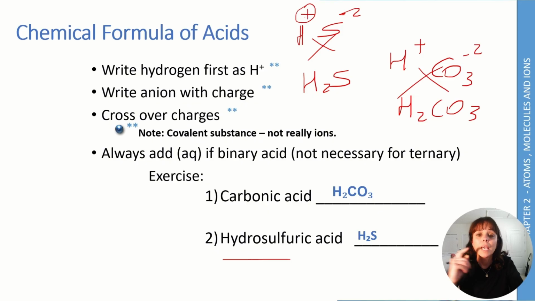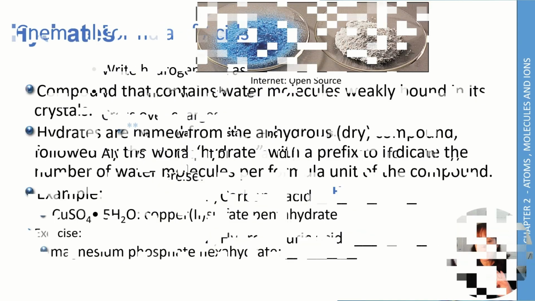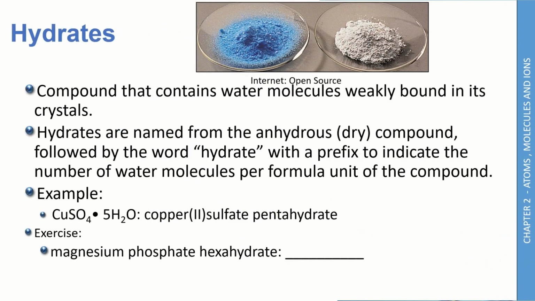Good? And one of the important things in chemistry is the hydrates. Hydrates are compounds that contain water molecules weakly bound in the crystals. So hydrates are named from the anhydrous or dry compound followed by the word hydrate, with a prefix to indicate the number of water molecules per formula unit of the compound. So here you can see a compound with the water and the other one without water.